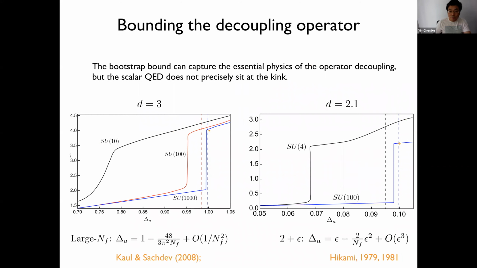Okay, so let me go back to our numerical results. The first thing that we did is to bound this decoupling operator, and this is the result in 3D. Here you can see that a very sharp kink appears in the numerical bound, and as NF goes to infinity, this jump happens precisely at the scaling we should expect for the scalar QED.